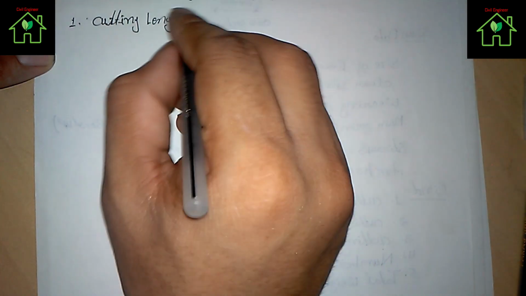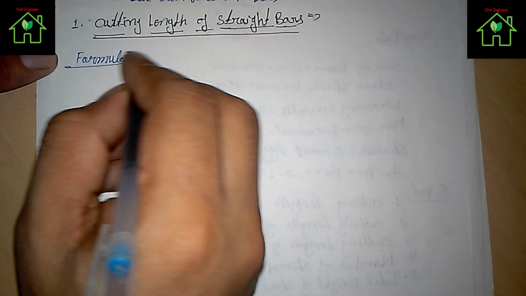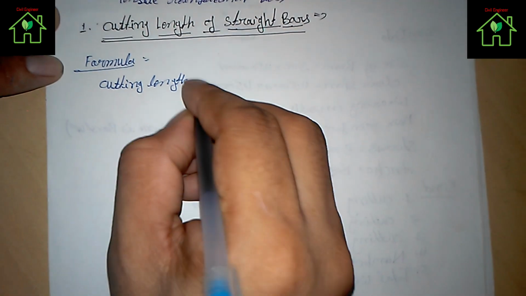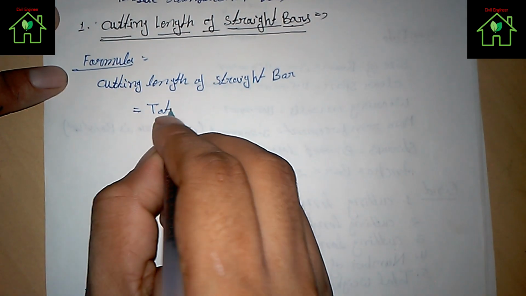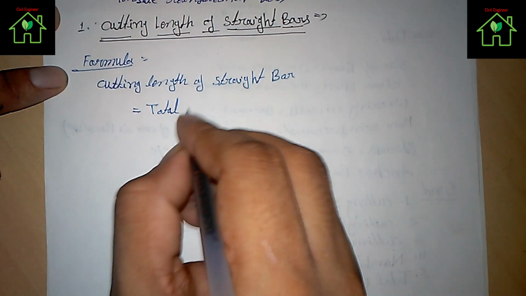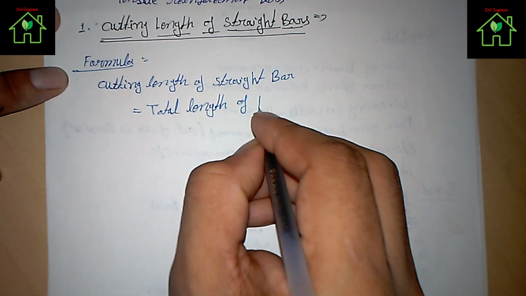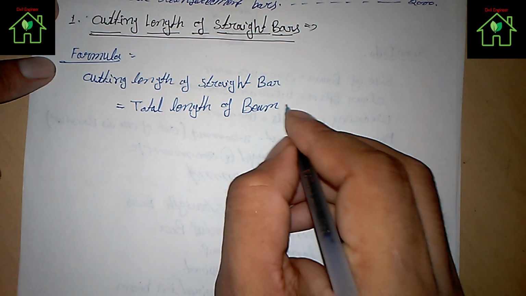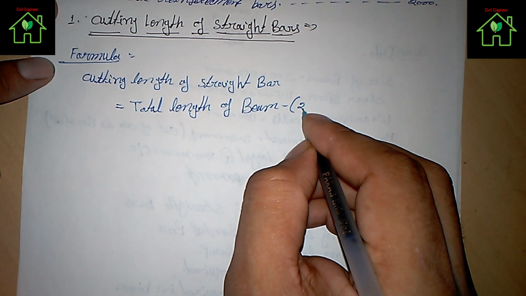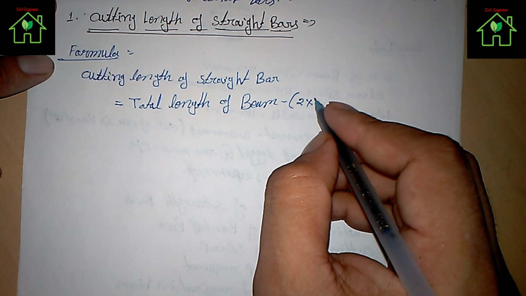First, cutting length of straight bars. We have a formula. Cutting length of straight bar is equal to total length of beam minus 2 into clear cover.